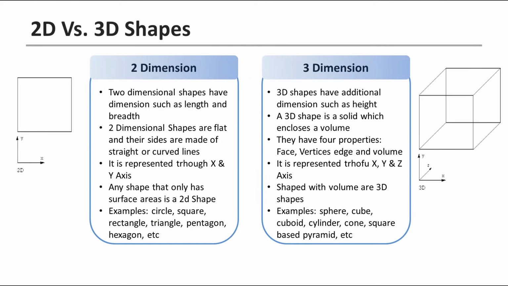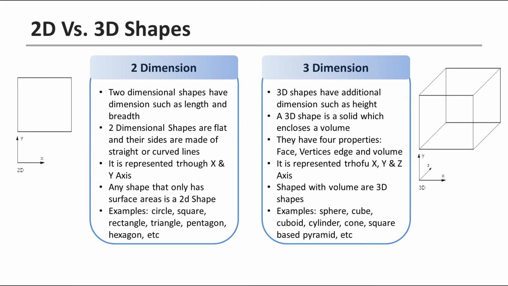A shape with only two dimensions, such as width and height, and no thickness is called a 2D shape or a two-dimensional shape. It is flat on a piece of paper or on any other plane.